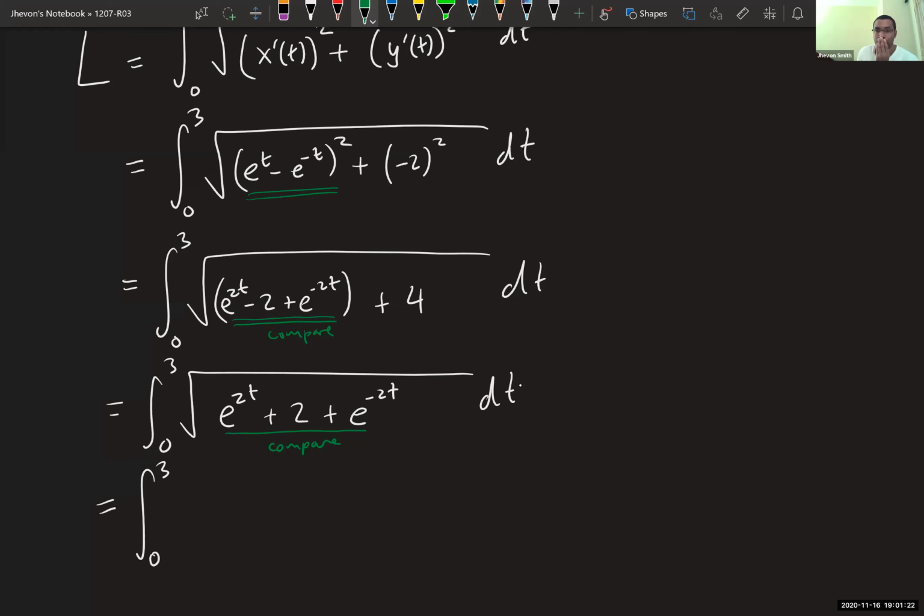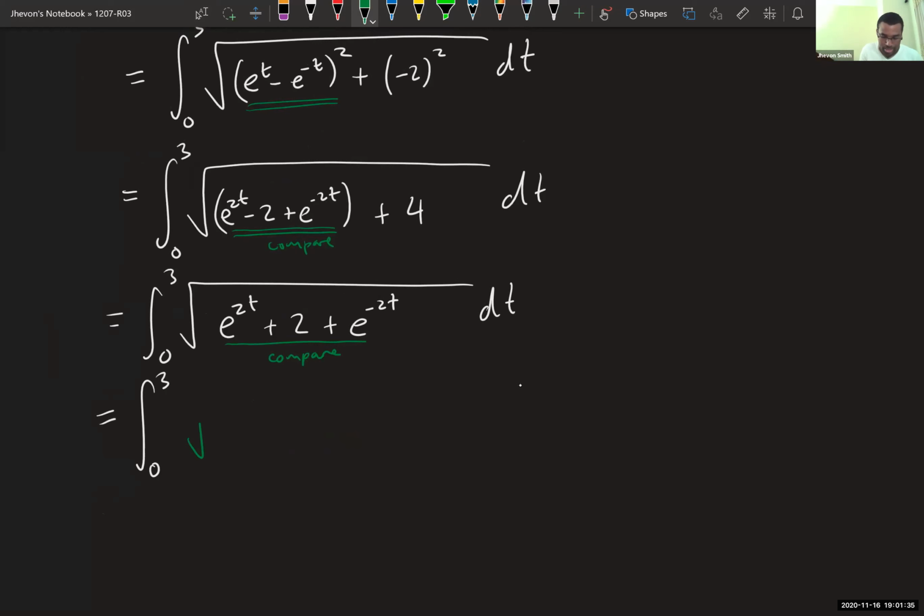Yes? No? Maybe so? Kendall, do you see it? This is probably wrong, but would it just be that with a plus in the middle? It'd be that with a plus in the middle. So this thing just becomes e to the t plus e to the minus t all squared.